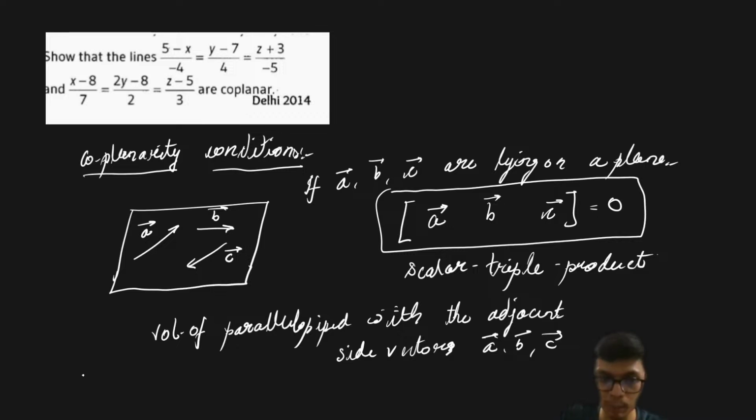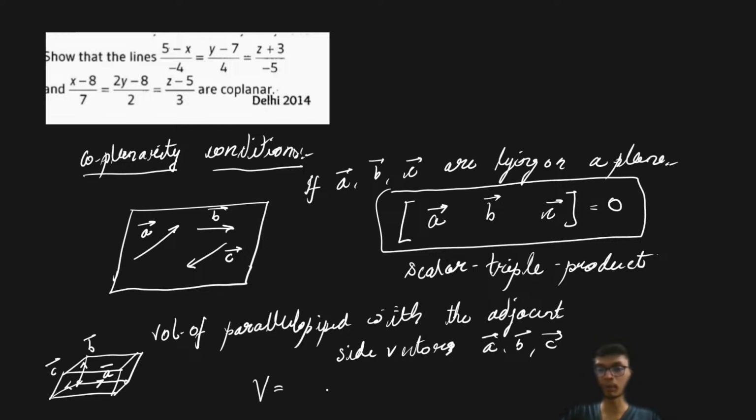If you draw a parallelepiped, it is a 3D figure whose sides are all parallelograms. Its initial adjacent vectors are A vector, B vector, and C vector. The volume of the parallelepiped is given by the box product of A vector, B vector, and C vector. That's how simple the result is.